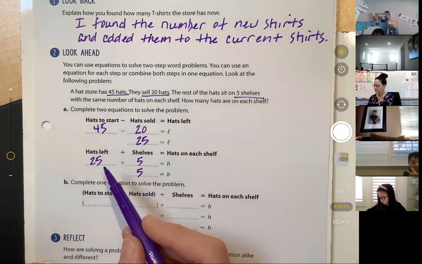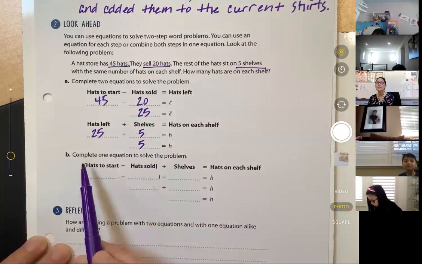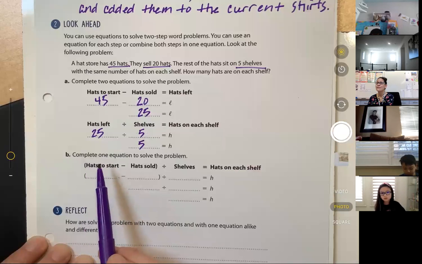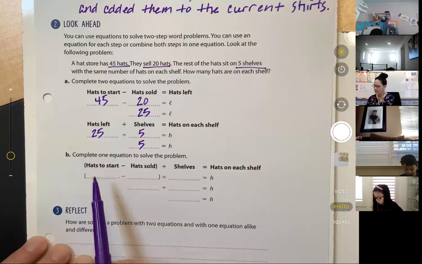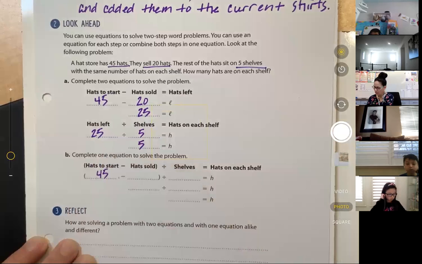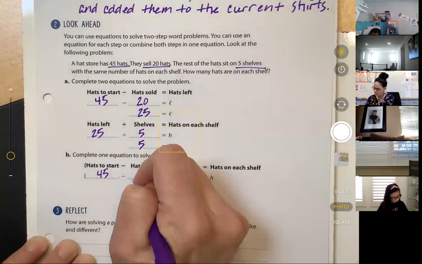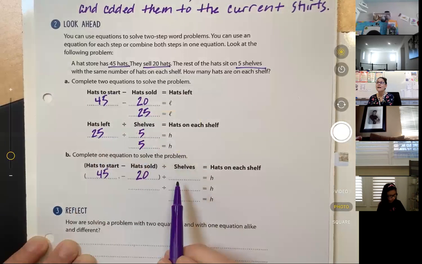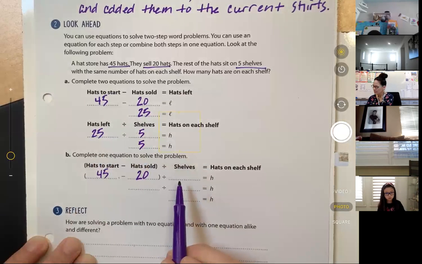All right. It also says you can do this with one equation to solve. Let's see if they're right. Hats to start, again, back to 45. Hats sold, we sold 20. And we need to divide that difference by 5.